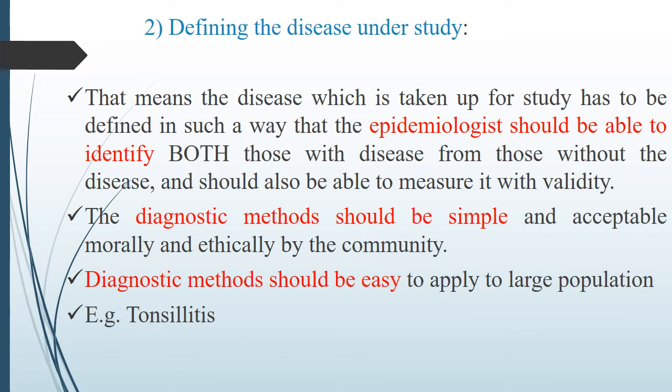Next we will see the second step, defining the disease under study. Defining the disease is very important. According to the community level you have to define the disease. If you do not define the disease effectively, it is not useful. The epidemiologist should be able to identify both those who have the disease and those who do not have the disease.